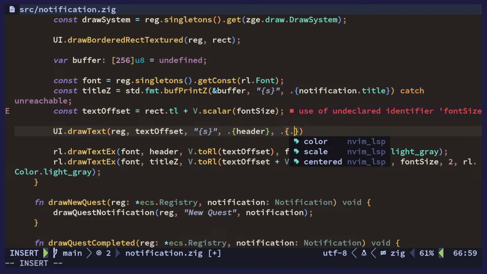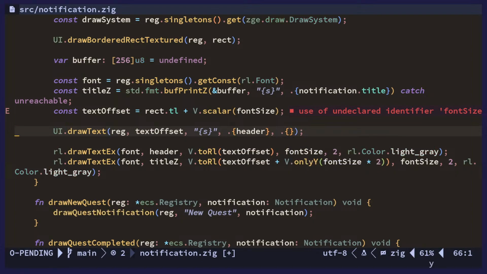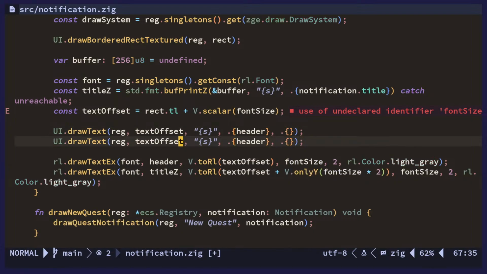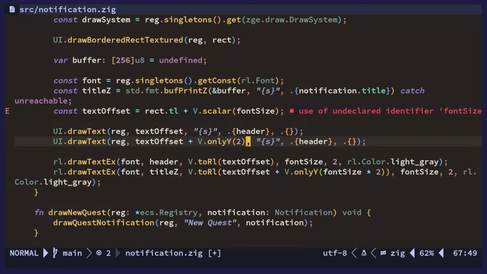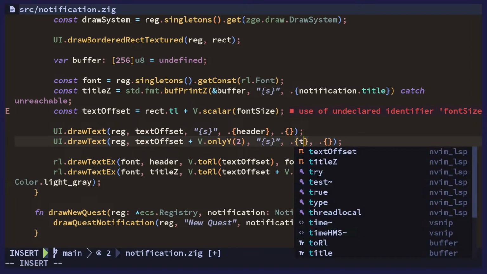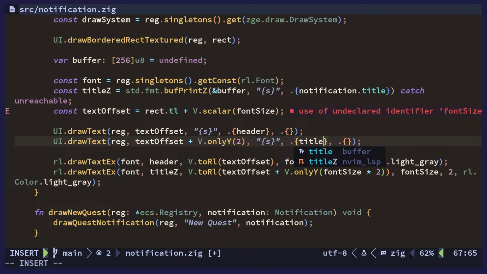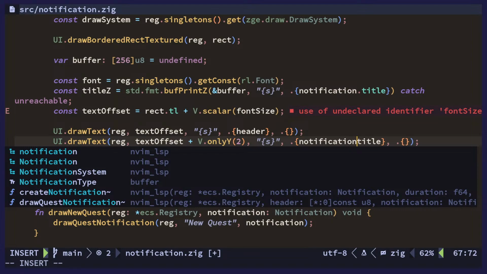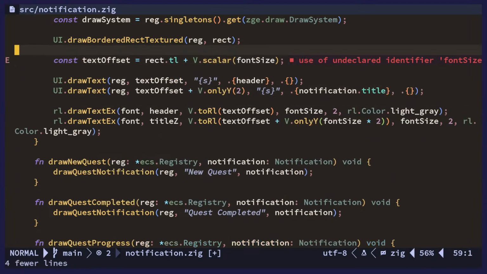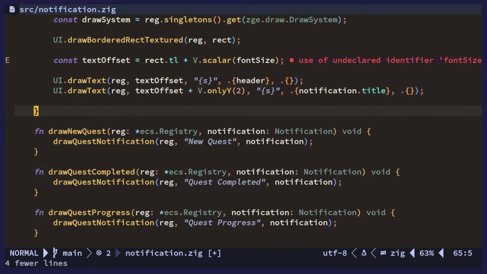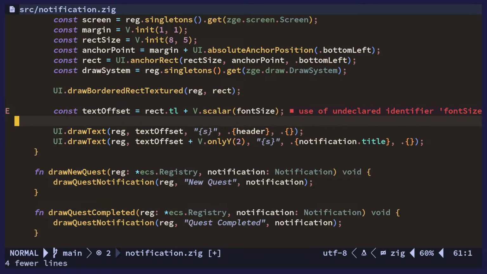The scale is normal. So nothing fancy there. Okay, and then let's do the other thing, which is going to be 2 rows down. And that's going to be the title, which is, okay, it's notification dot title. So we don't need these things anymore. And that's also light gray. So now we've done that.